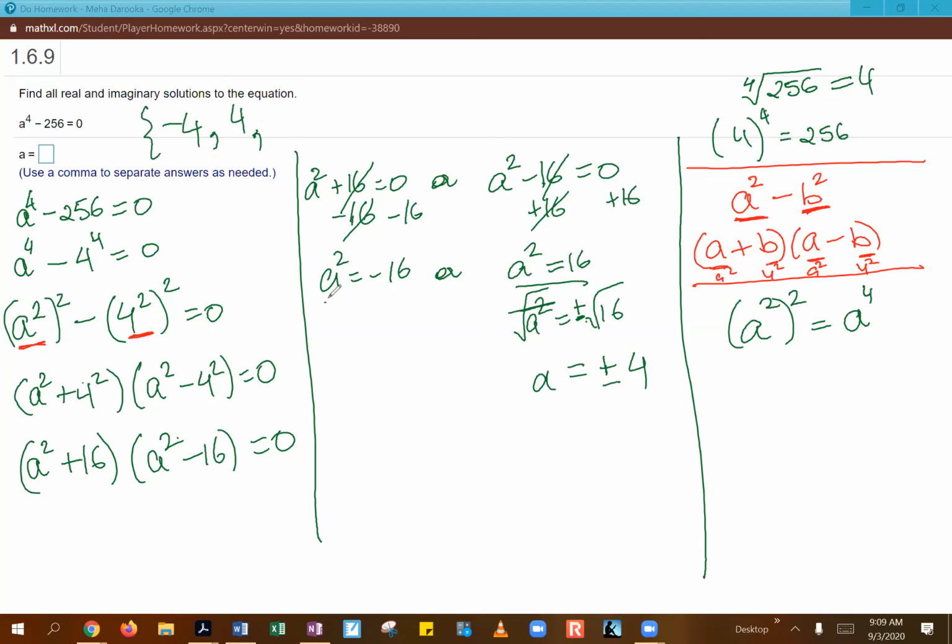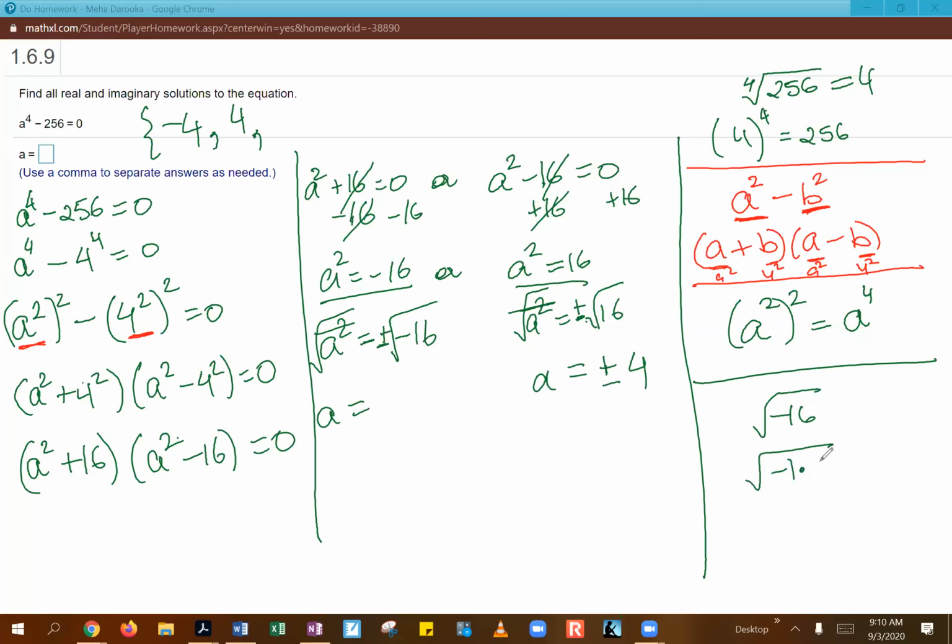Now on the other side, with a square equals minus 16, we'll still use our square root property. But when we take our square root, we have a equals the square root of negative 16, right? That's where your imaginary solutions come into play.